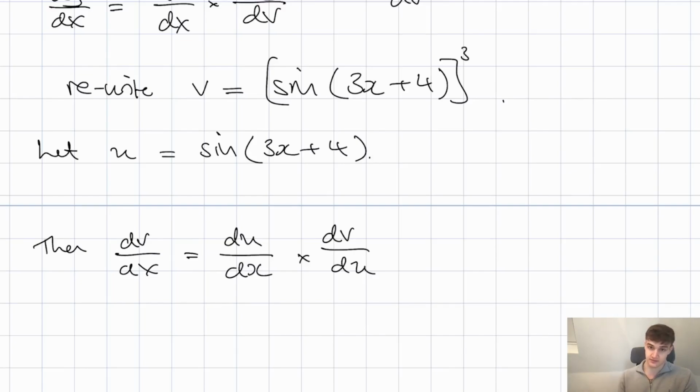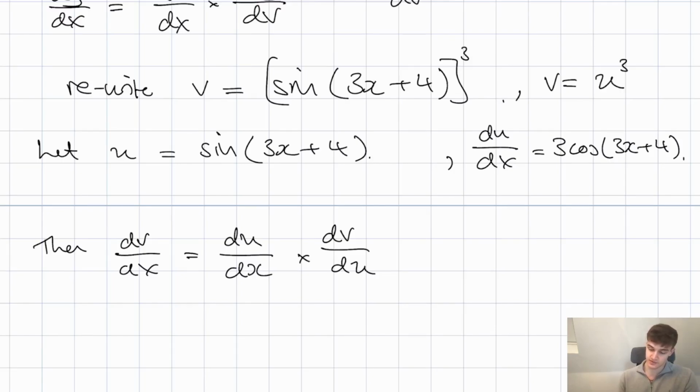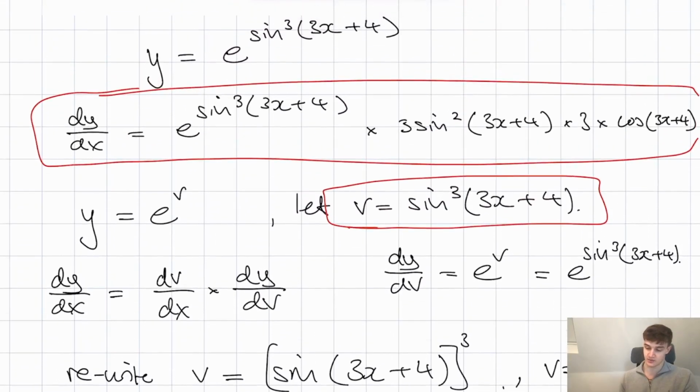So then from here we can see that du by dx is equal to, as I just said, 3 cos of 3x plus 4. Now, dv by du, well, v is equal to u cubed, so dv by du is equal to 3u squared. So hopefully you can see all of these pieces now in here that I did before.